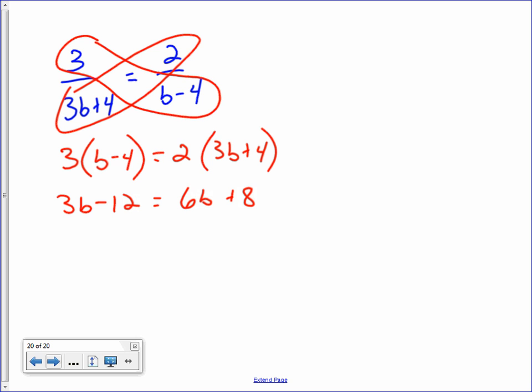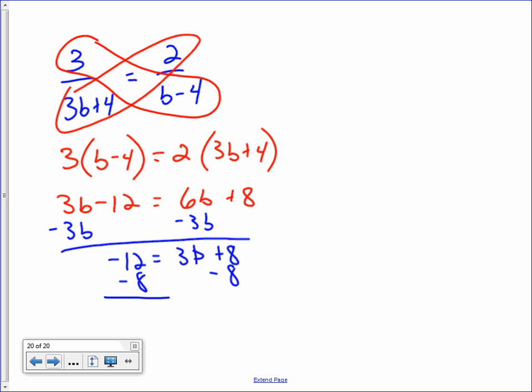If I continue to solve, I would minus the 3b, and you'd get negative 12 equals 3b plus 8. Then we would minus the 8, and I would get negative 20 is equal to 3b. Then we divide by the 3, and it looks to me like you should get negative 7 and 1/3.